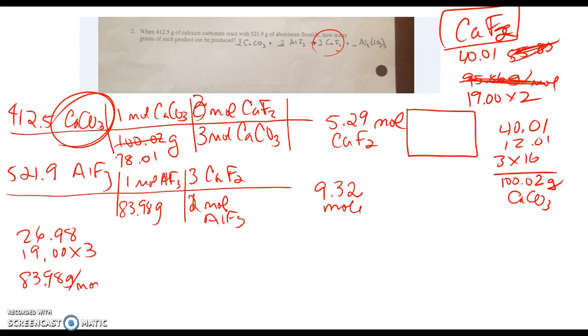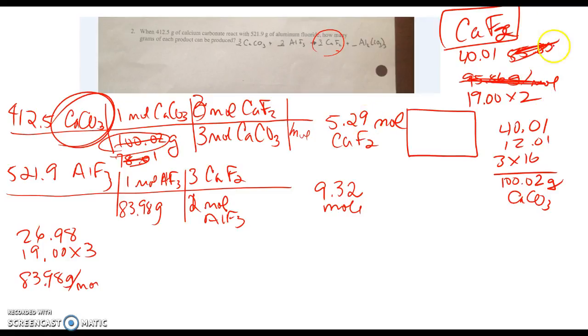So there's my moles, and then I have to say for every 1 mole, CaF2 is... oh, you guys, I used the wrong one here. This one is right, 100.02. Now, that's okay if this number's bigger because it will make this number smaller, so it's still the limiting reactant.